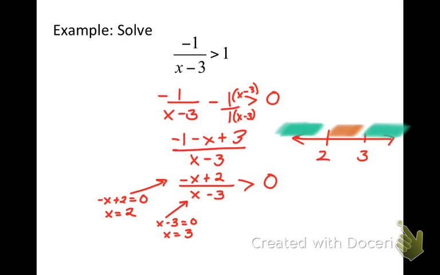Now I need to find the intervals that satisfy, and we always go back to the original inequality. Someone give me a number that is less than 2. 0. We could do 1, that'd be fine, but if I'm going to try to do this mentally, I would pick 0. If I plug 0 back into the original, what do we get on the left side?